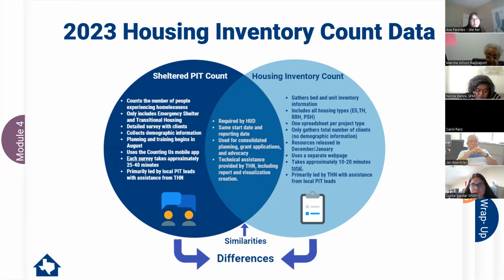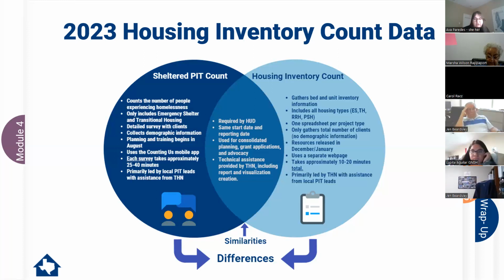So here's a pretty simple Venn diagram to explain the similarities and differences between the sheltered PIT and HIC. I won't go into super high detail on each bullet point, but a quick summary is that the PIT requires individual surveys of each client residing in an emergency shelter or transitional housing program, which takes about 25 to 40 minutes to complete, whereas the HIC is only one form for each housing project your organization has, which amounts to about 10 to 20 minutes total.